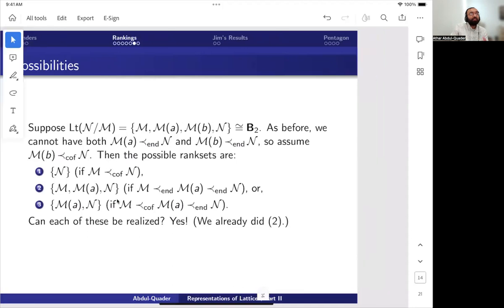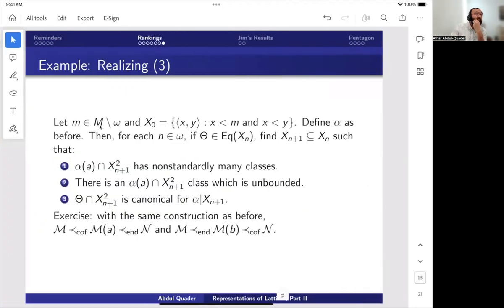Can this one be realized? Essentially it can be. Again, if you're starting with a non-standard model, you do the exact same representation, but you just put a bound on this X, and that same representation can work. You won't get isomorphism in this case, but you can still get non-standardly large representations where each alpha of A will have non-standardly many classes, and there's an alpha of A class that's unbounded, and you can make each theta canonical.